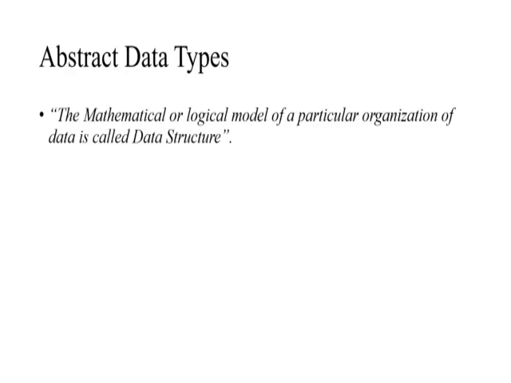In my previous video, we learned the definition of data structure. It is a mathematical or logical model of a particular organization of data. So when we talk about the mathematical or logical model, abstract data types come into the picture. An abstract data type is a process or data type which is before the implementation phase.